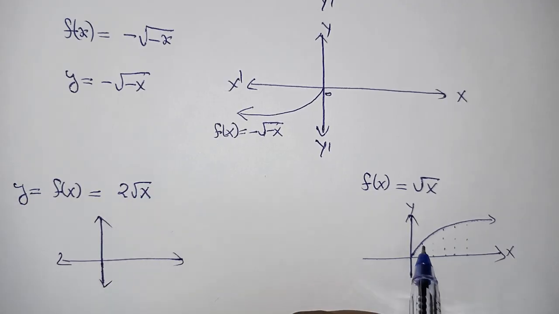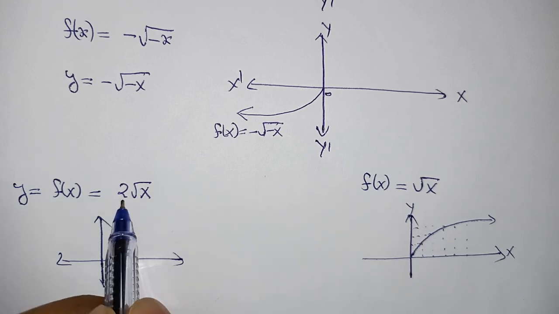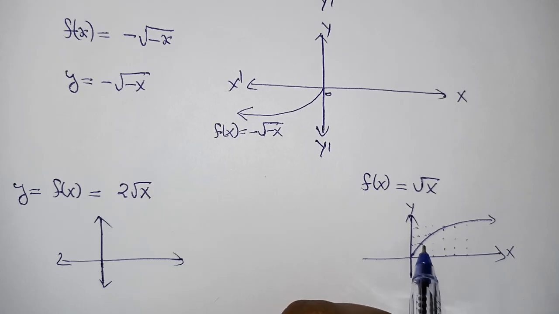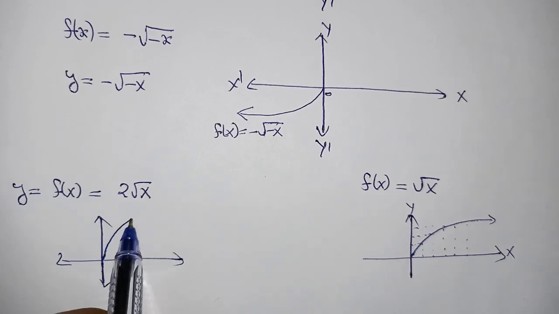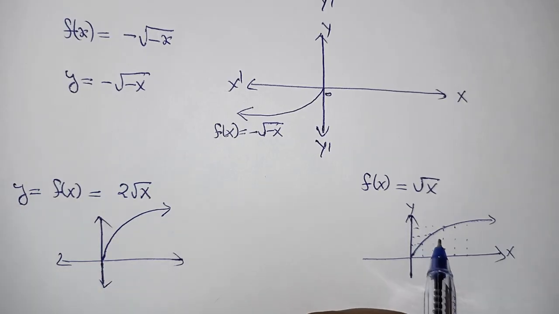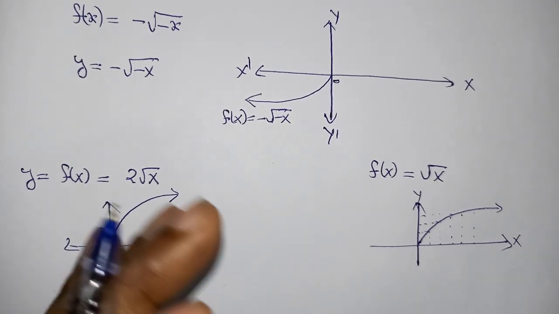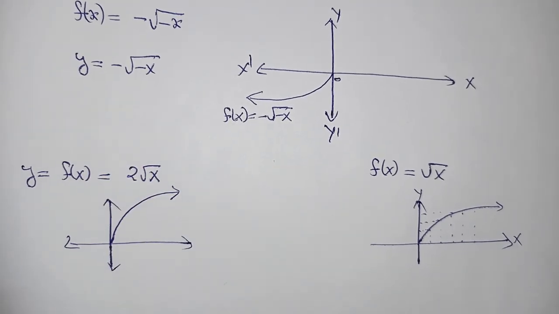That means when y is this, and I multiply or scale up by 2, this value will be 2 times, so the graph will be like this, correct? So this is the graph of square root x, and this is the graph of 2 times square root x. So the change you have noticed is the graph is shifted upward somehow.